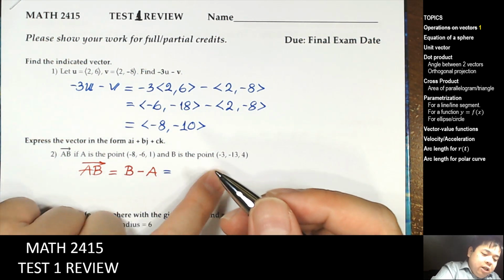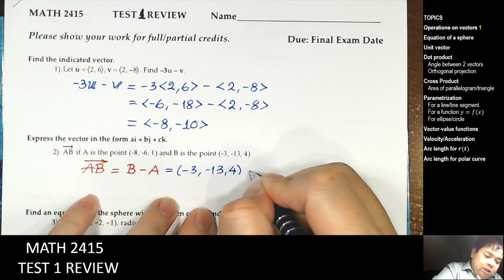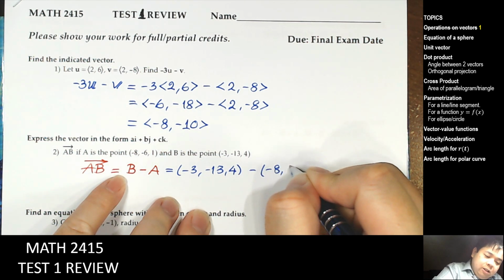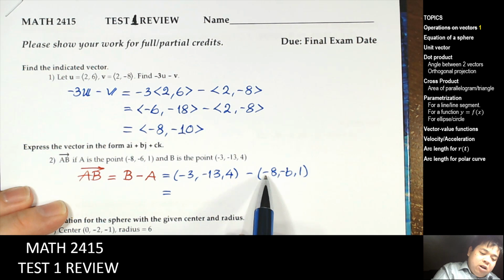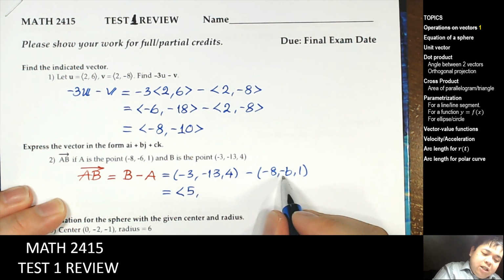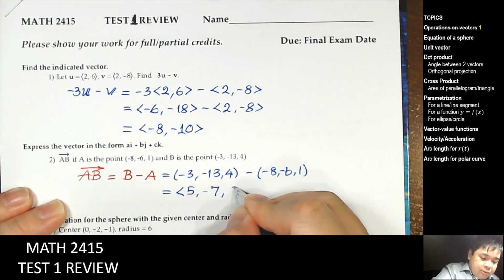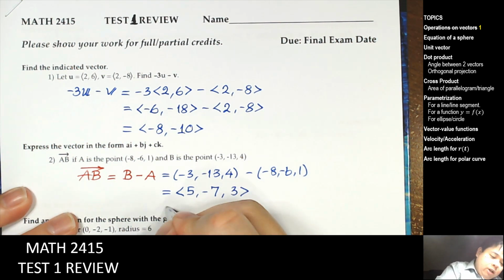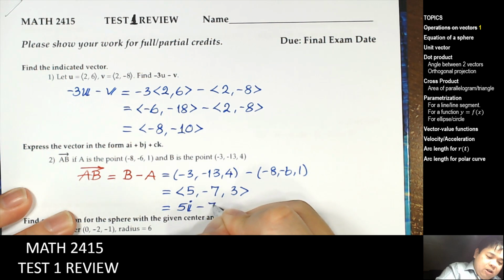So B, -3, -13 and 4, minus point A. So -3 minus -8, so that is +5. -13 minus -6, -13 plus 6, -7, and then 4 minus 1 is 3, and we can write that as components: 5, -7 and 3, or 5 times i minus 7j and 3k.